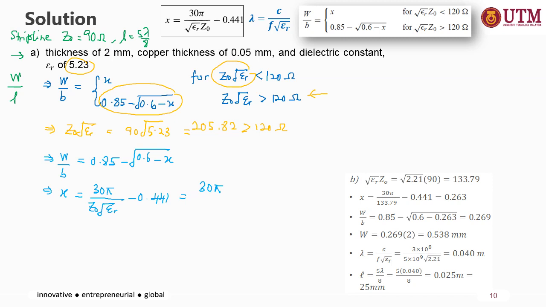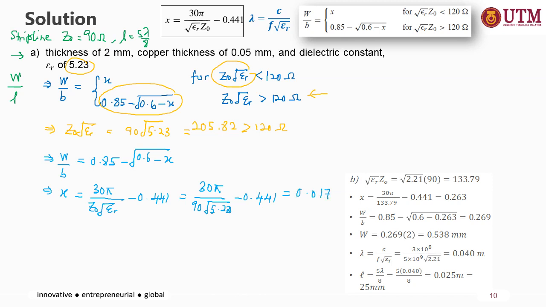So 30 pi divided by Z0 is 90, epsilon r is 5.23 in this case, minus 0.441.